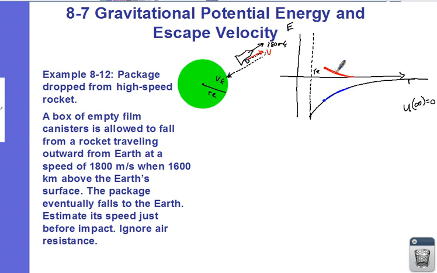Now certainly when it gets to this point, it will have stopped moving. That's where it's got 0 kinetic energy. If I let the red be kinetic energy, it will stop moving there. And so it will reach some maximum height, which would be right around there, and then it will of course reverse track. It will start coming back the other way. Well, the same thing will happen with its kinetic energy.